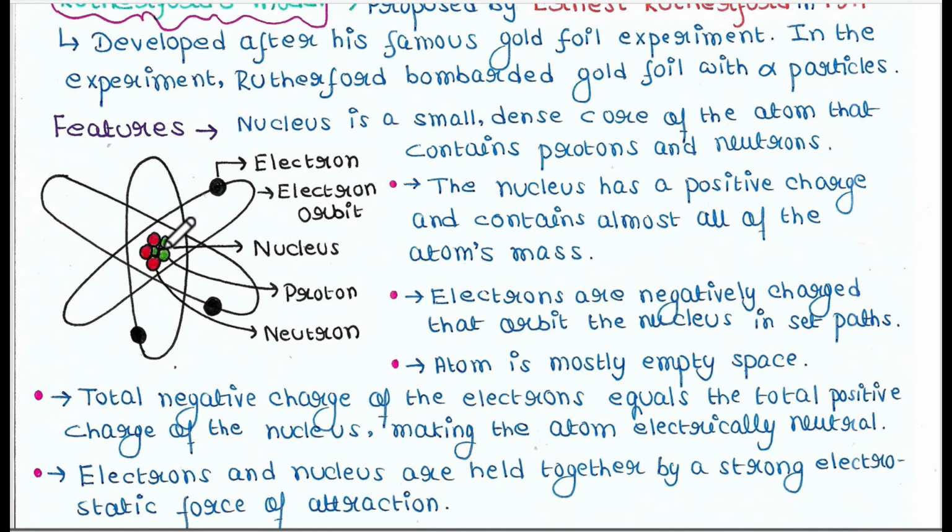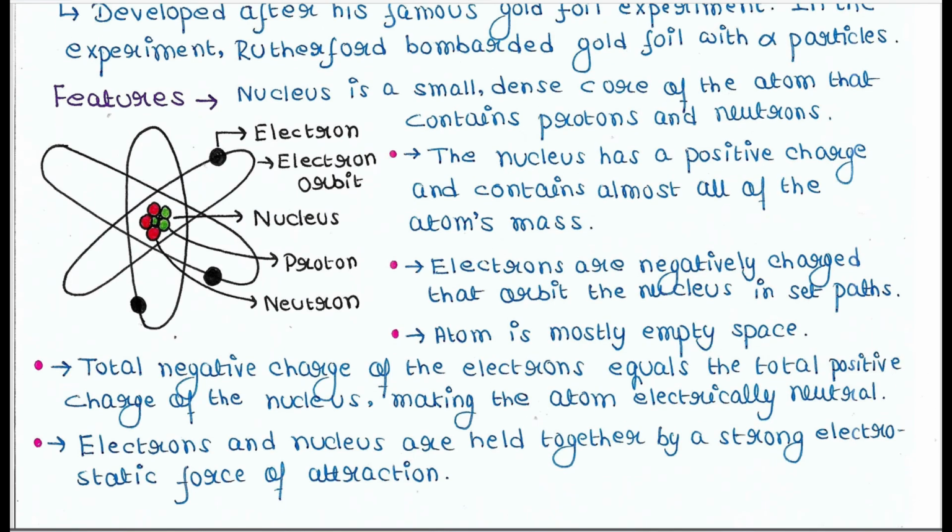So 3 protons give plus 3 charge. So plus 3 and minus 3, they both cancel out each other. So the atom is electrically neutral. Electrons and nucleus are held together by a strong electrostatic force of attraction. So there is a strong attraction between electrons and nucleus.